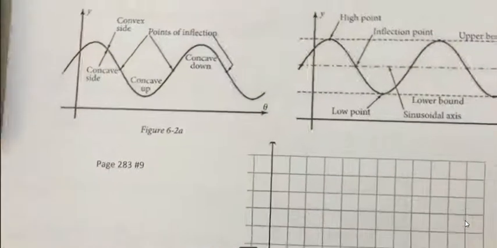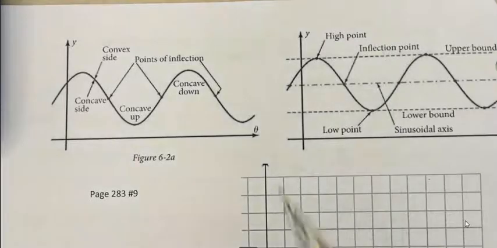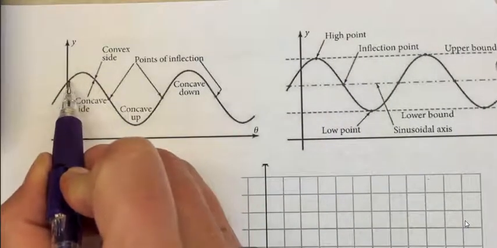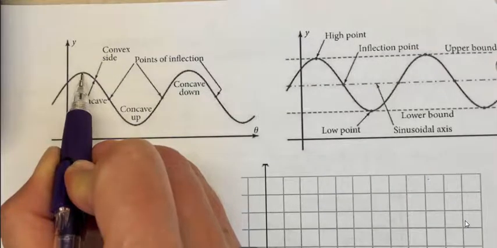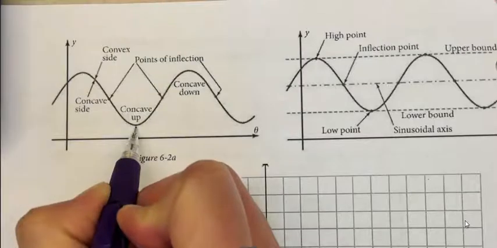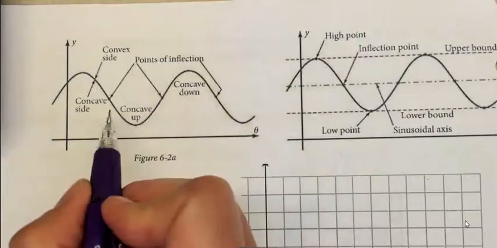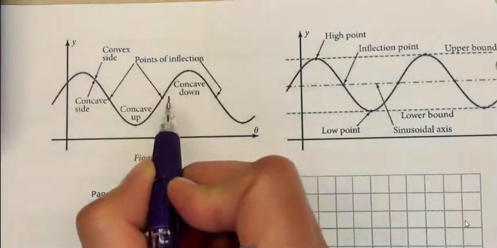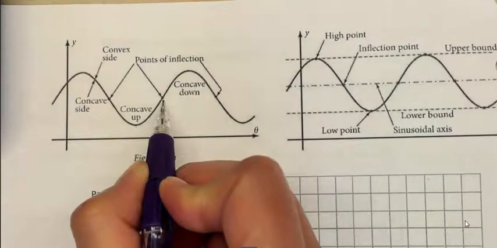Moving on to the next page. A little review here. In a sinusoid function, we've got a critical point that's a max, a critical point that's a min, and so on. You have concavity, concave up and concave down, and in between there's the point of inflection.